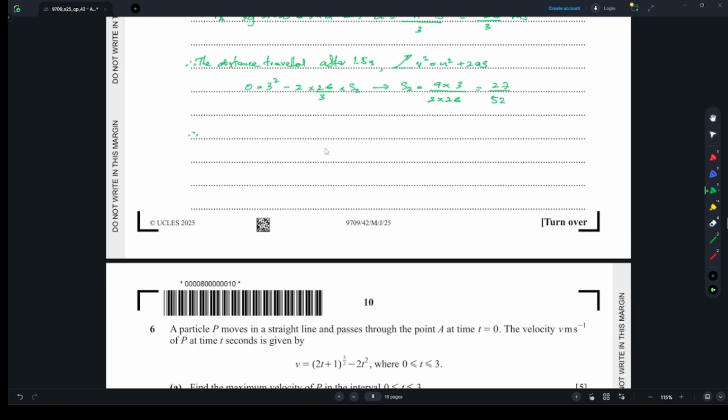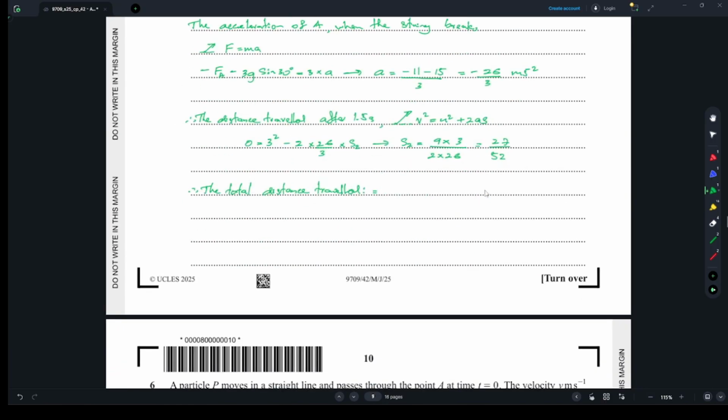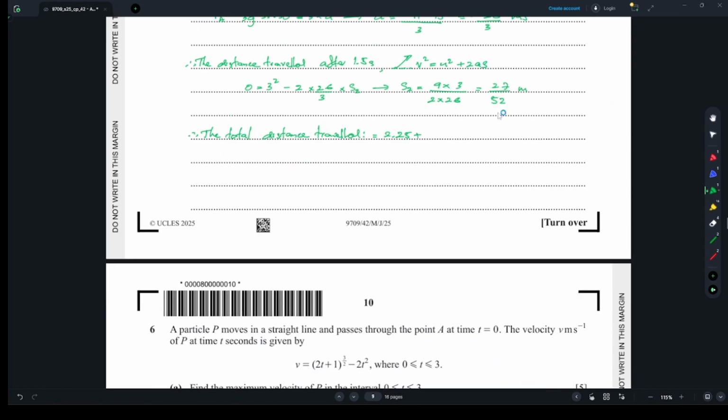Therefore, now we can write the total distance traveled equals, before the string is broken, 2.25, plus after the string is broken, the distance is 27 over 52.